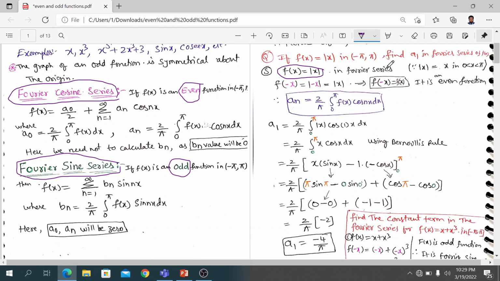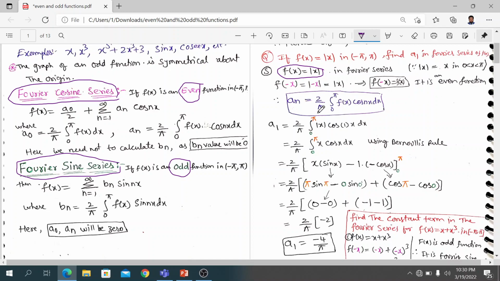Here, mod x means it will be x in the interval 0 to pi. Now f of minus x is equal to mod of minus x. Mod of minus x means mod x. Mod x means that is f of x. So f of minus x is equal to plus f of x. It is an even function.